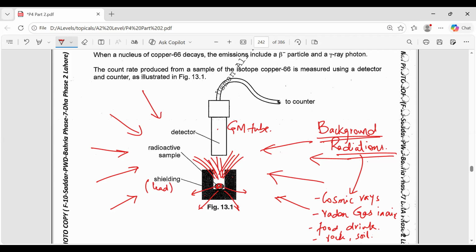It says that the radiation decaying or emitted and the count noted by the counter are not equal. What could be the reason behind this? Can anyone tell me, after thinking logically, what could be the reason?